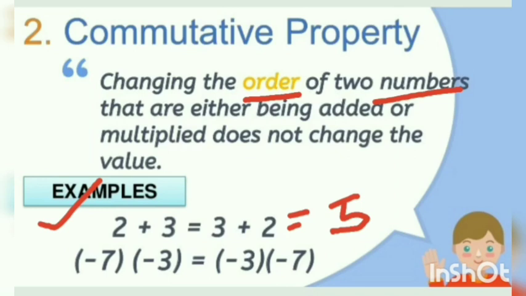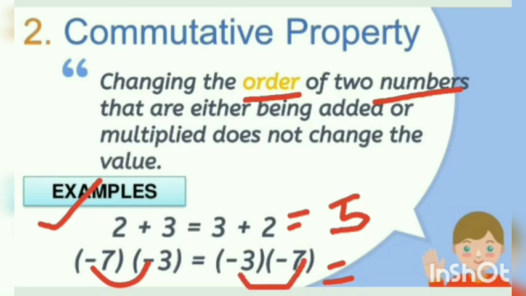Now what about multiplication? Let us see. Here the value of A is minus 7 and the value of B is minus 3. When you multiply these two, we will get 21. Again, see the other side.